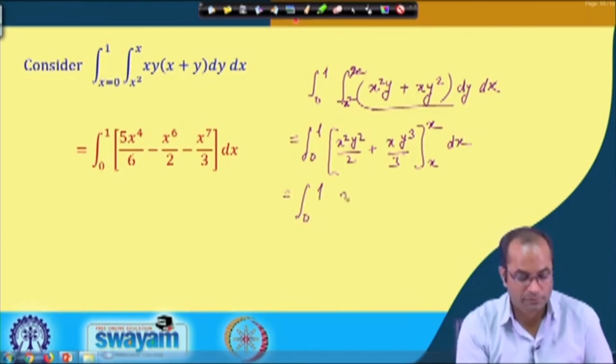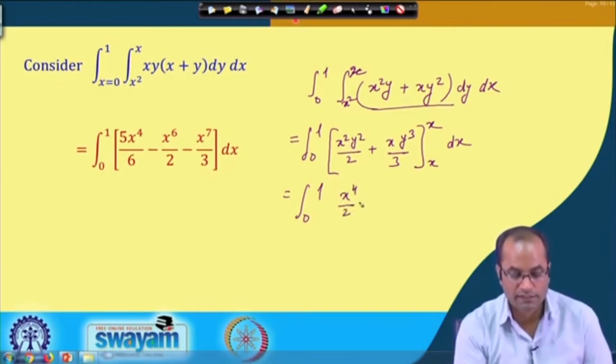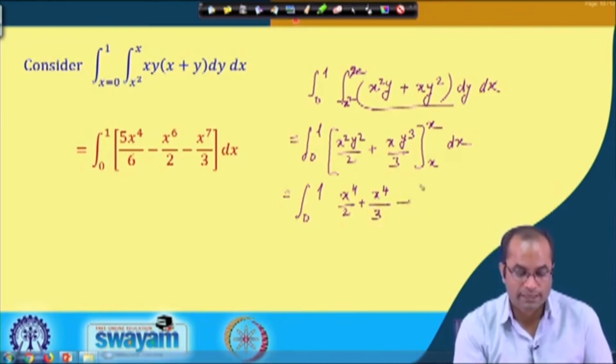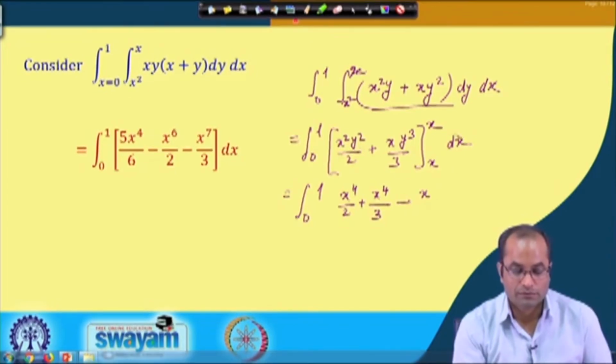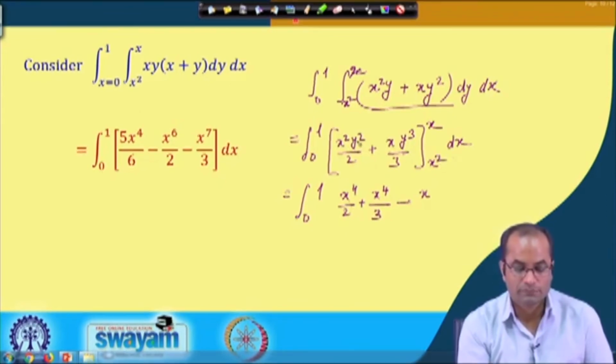So, this will be 0 to 1. When we are putting x there, we will have x power 4 by 2, and then we will have here also x power 4, because x is substituted for y, then divided by 3, and then minus for this x. So, here we substitute x square, sorry.